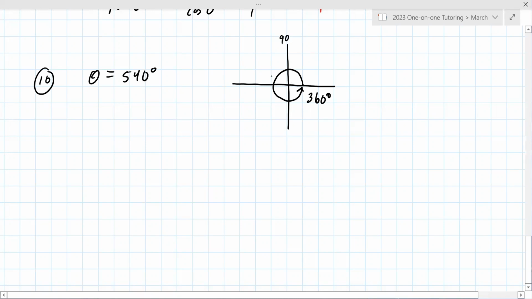And then another 90 again gets you to 540. So 540 is going all the way around. And typically it's shown like this, where it's a little spiral. I went all the way around. That's 360. That's another 90. That's 450. And then another 90 is 540.